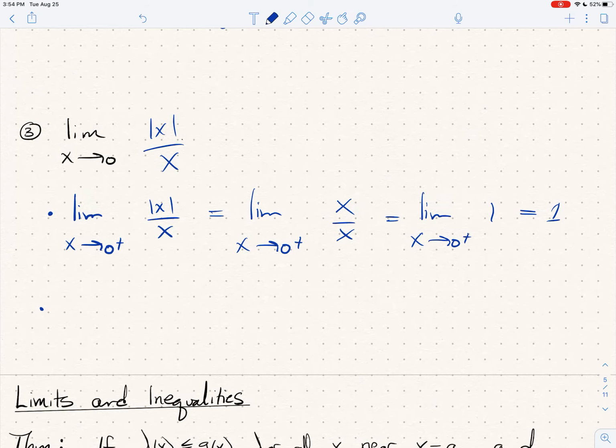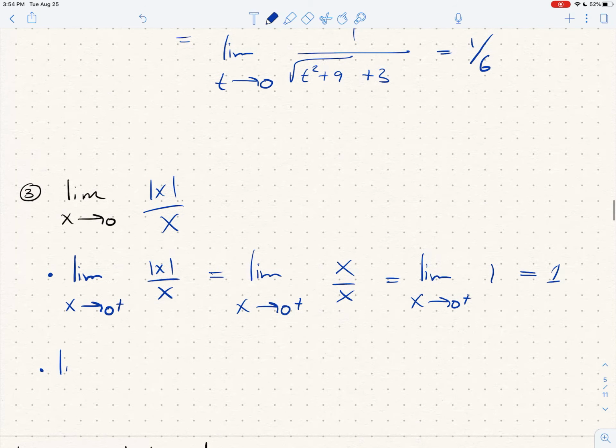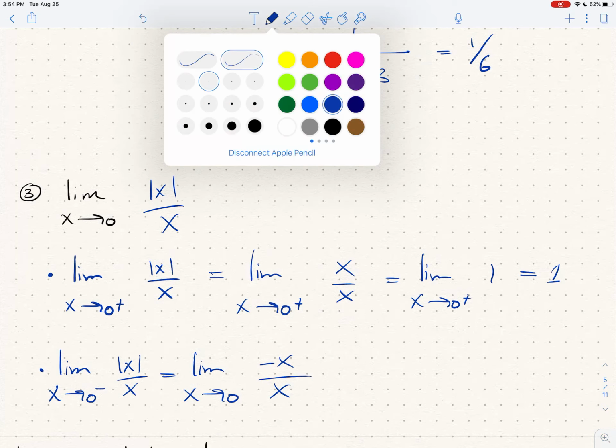What about from the left? Well, let's look at it. So we'll do the limit as x goes to 0 from the left of absolute value of x over x. Coming from the left, absolute value of x, think about what that is. It's important that we know that. It's just negative x. Think about it. x is negative, and so negative x is positive. So, for example, let's change colors so you can see it.